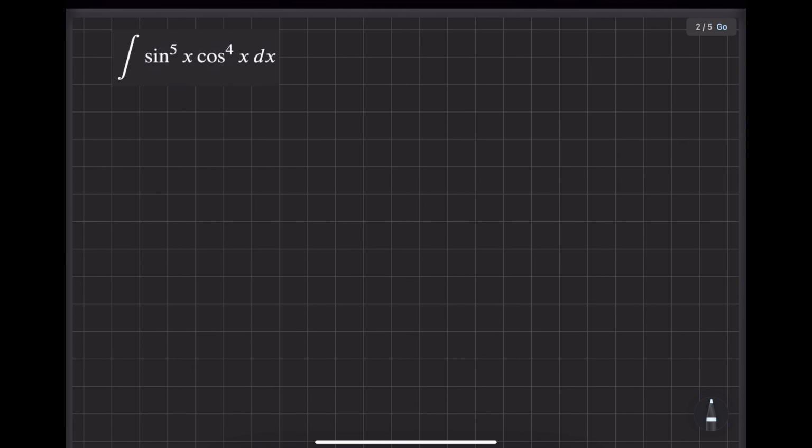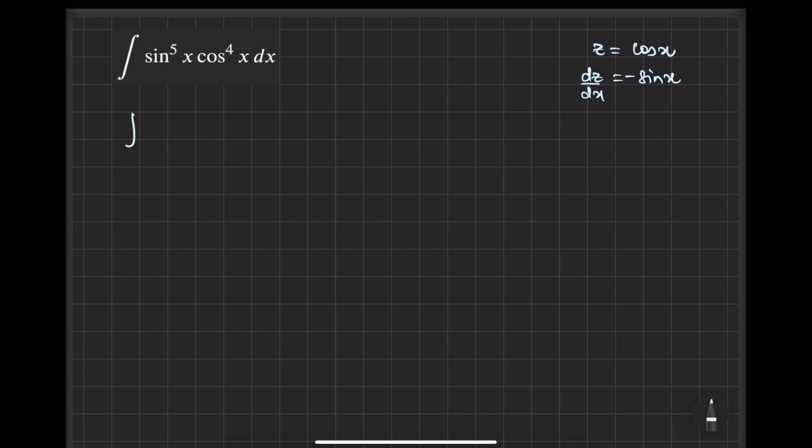Sine and cos are together and the powers are 5 and 4. So you can clearly observe that here the power of sine is odd. So what will we take? We will take z as cos, so we will take cos x as z. Now do the differentiation, dz by dx. Differentiation of cos x is sin x, that too in minus.